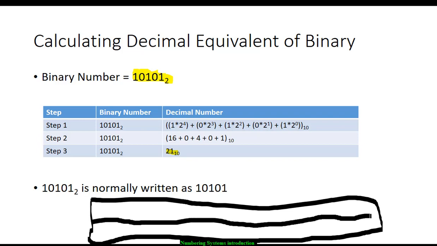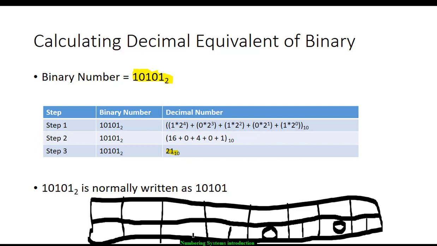Okay, so 1, 2, 3, 4, 5, 6, 7, that's 8. If you look at your binary number, it is 1, 0, 1, 0, 1. That's what you're looking at.